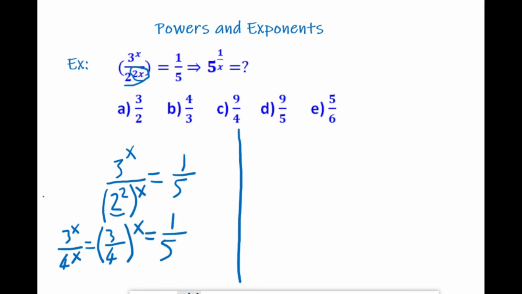Because if you look at the question, it says 5 to the power of 1 divided by x. So that means I need 5, but from 1 divided by 5 I can get 5. How?